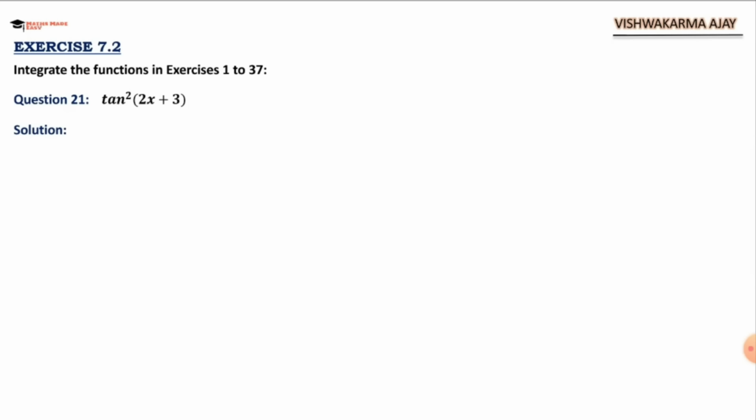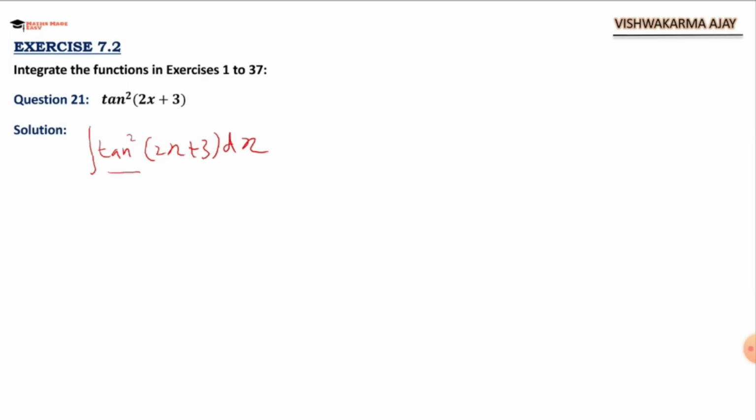Question number 21, tan square of 2x plus 3. We don't need to substitute anything here since it is very simple. I will show you how. Integral of tan square of 2x plus 3 dx. We are going to integrate this trigonometric function and then divide by the derivative of the other function, whatever it may be.